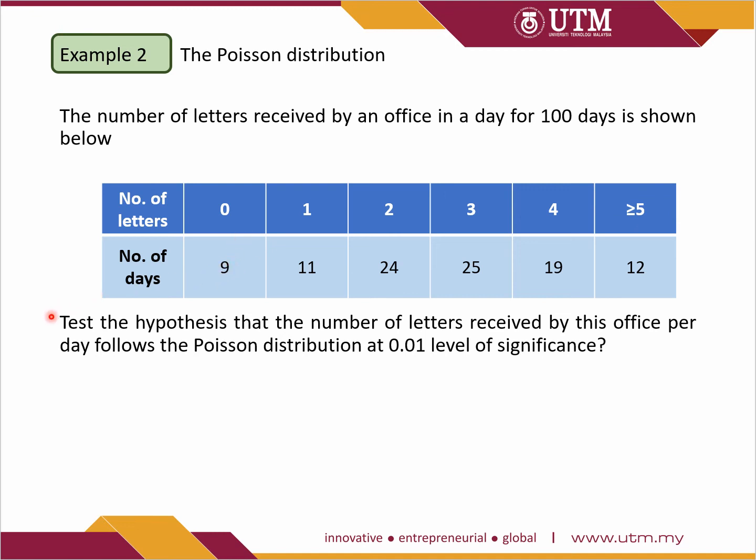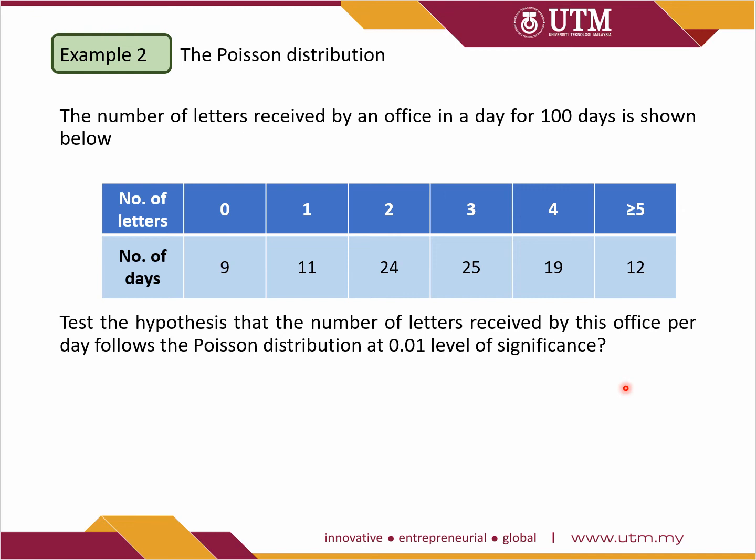We want to test the hypothesis that the number of letters received by this office per day follows the Poisson distribution at the 0.01 level of significance. So in this case, we want to test whether the number of letters follows the Poisson distribution.